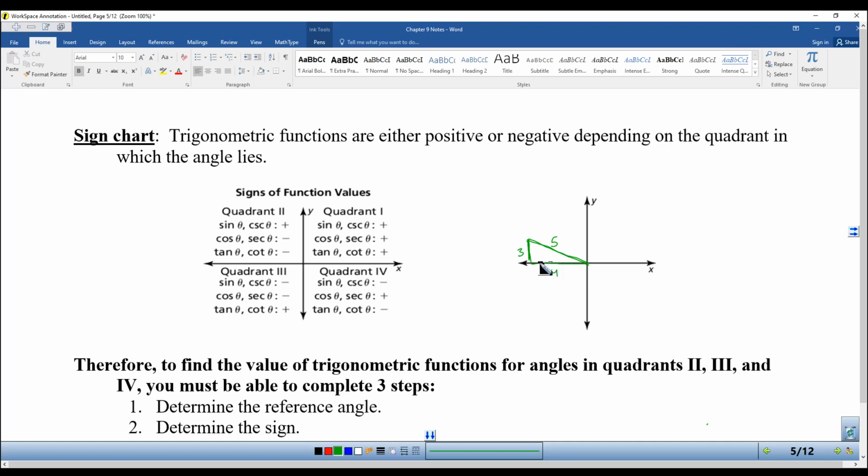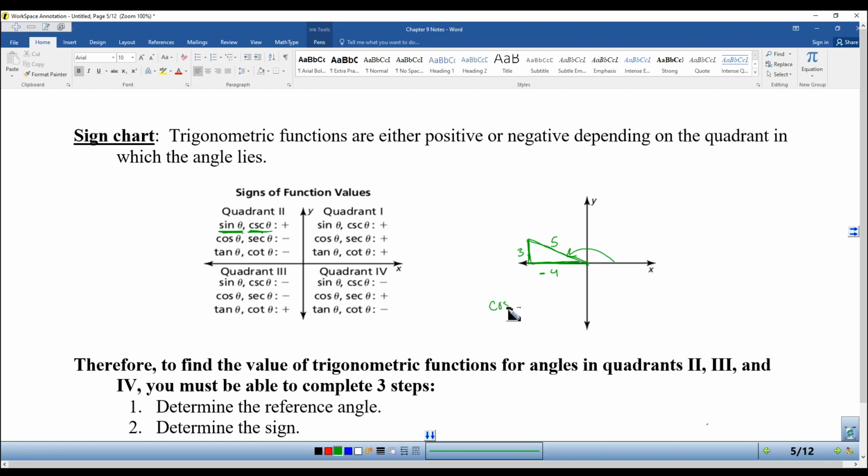So if you're calculating sine, I know you're going to refer back to quadrant 1, but since this triangle is in quadrant 2, you don't have to worry about it being negative. Sine is going to be positive in this quadrant, which therefore cosecant is, because remember, cosecant is just the flip of sine. But if your angle is in quadrant 2, like I said, you're going to refer back to quadrant 1, but even though you're referring back to quadrant 1, you still have to remember your angle's in quadrant 2.